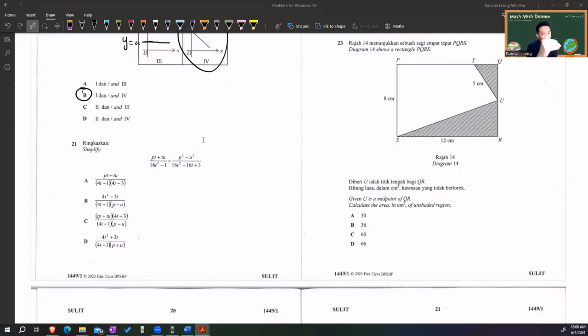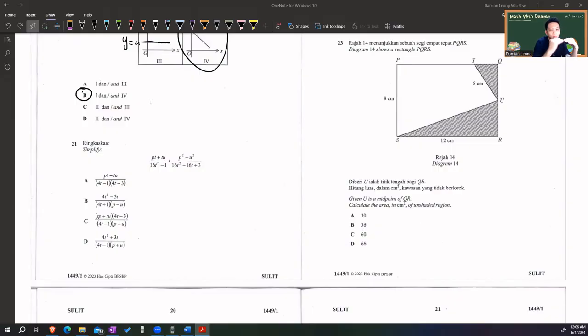Okay, kalau pembahagian dalam bagi pecahan algebra, kami perlu memfaktorkan algebra dalam pecahan itu, barulah kami boleh memotong bahagian pecahan yang sama, dari atas dan bawah lah.